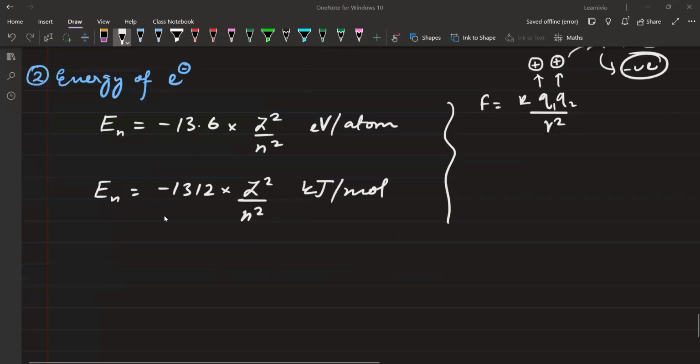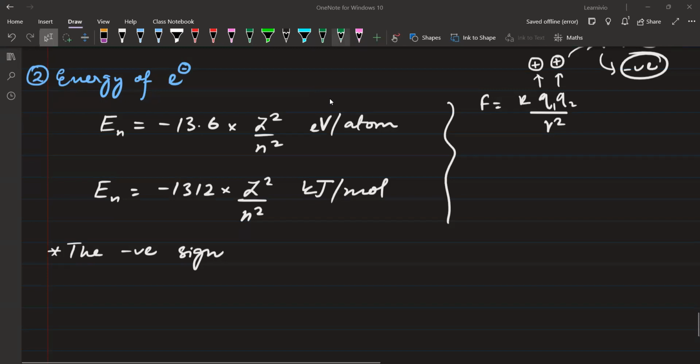The negative energy, your screen is lagging a lot. The negative sign. Is it lagging for everyone? Is it lagging for anyone else? You can say yes or no. Yes sir. A little bit. Okay, it varies in different degrees. Let me reshare it. I don't understand what is happening. Okay. The negative sign tells us about.